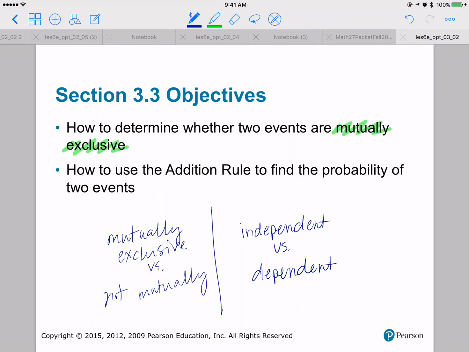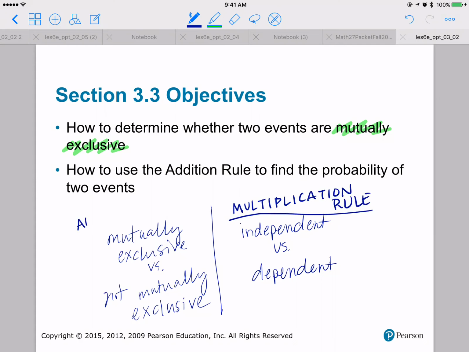And we used independent versus dependent in our formulation of the multiplication rule. Okay. And we're going to use mutually exclusive in our formulation for the addition rule.